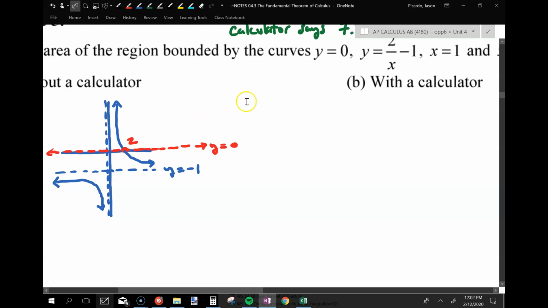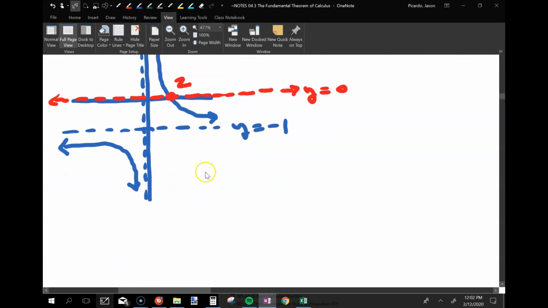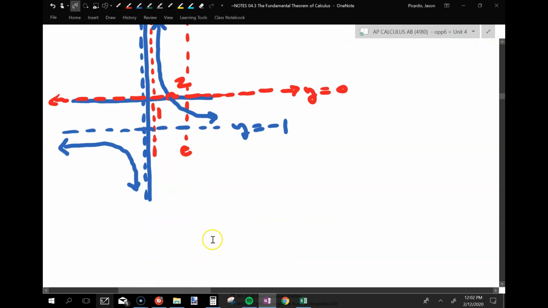All right, so the boundary is at 1 and E. The boundary is at 1 and E. So check it out.